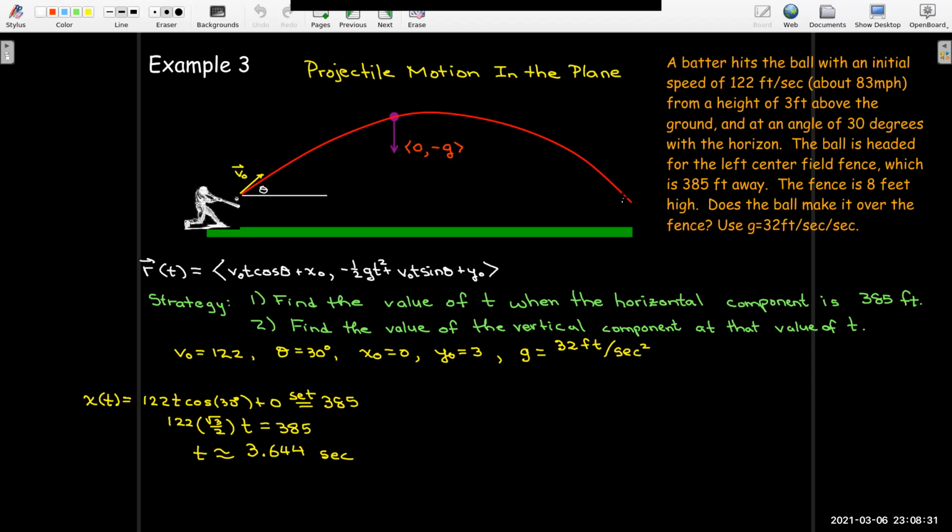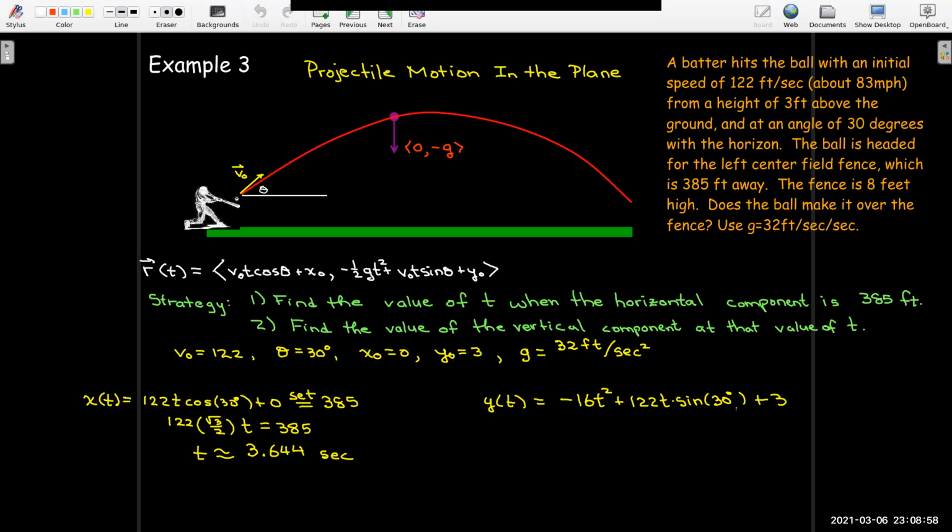The question is, where is it relative to the ground? Is it above the ground, below the ground? Is it above the fence, which means its height would have to be at least 8 feet? So we go ahead and substitute our given values in. We put in 32 for g and take half of that. 122 is our initial speed.